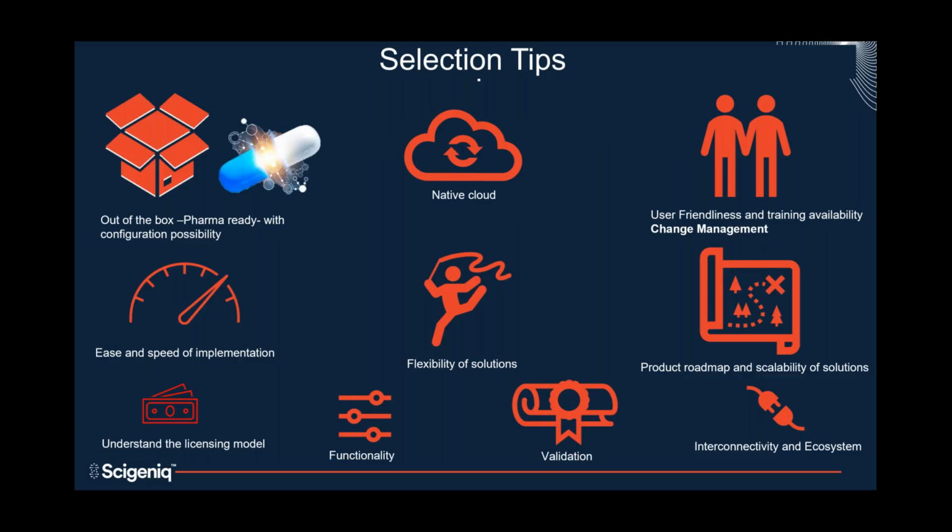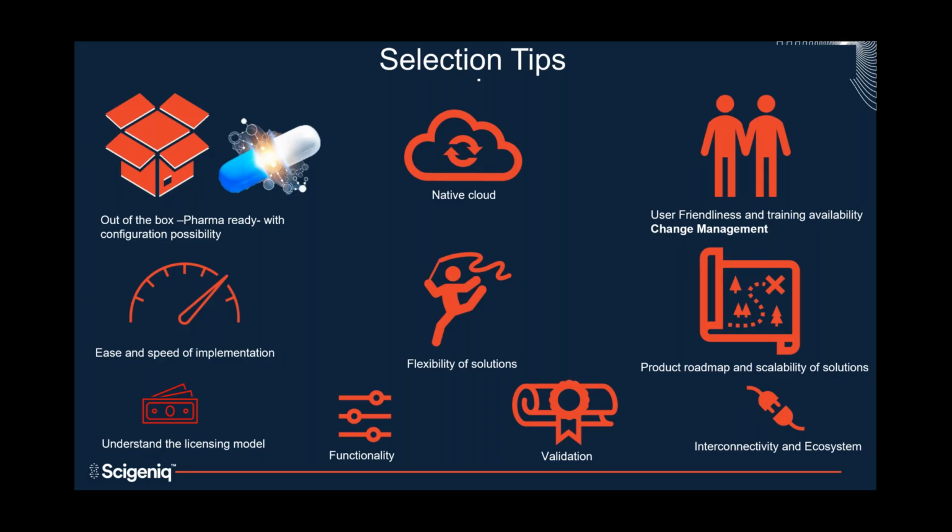Lastly, here are some tips for you on the selection. So speaking of speed of implementation, you definitely want to have an out-of-the-box system. As much as you can, have a system that is pharma ready. People like Scigeniq here, we know pharma, we know the needs. So you get the best practices according to the guidelines.